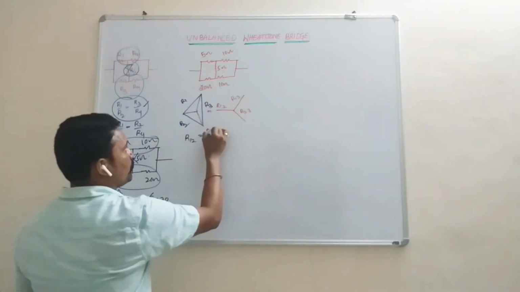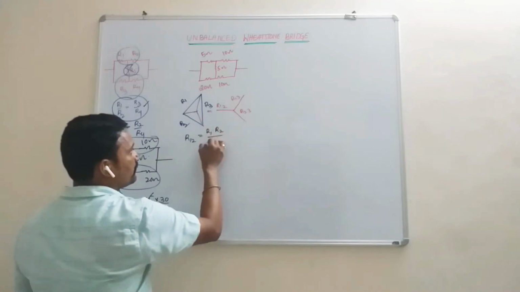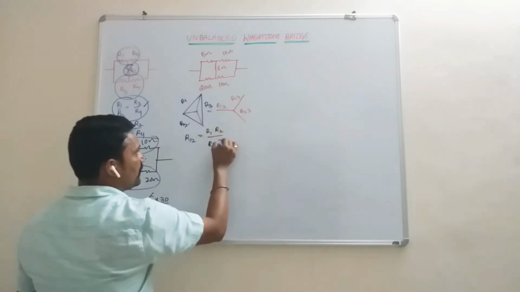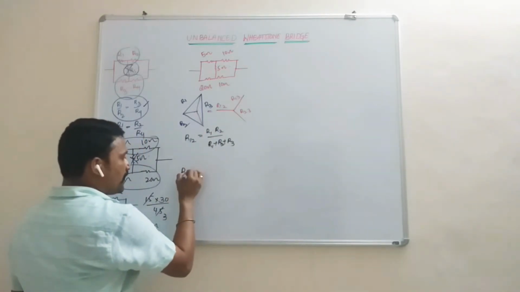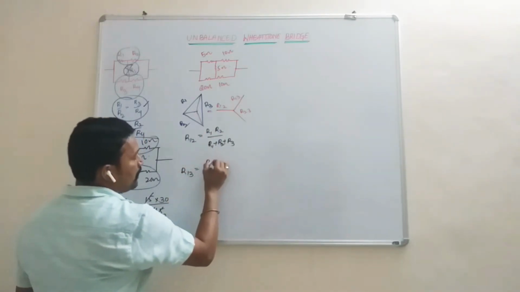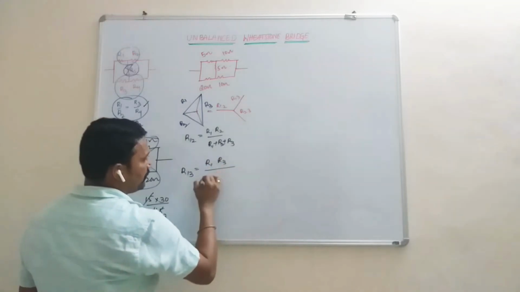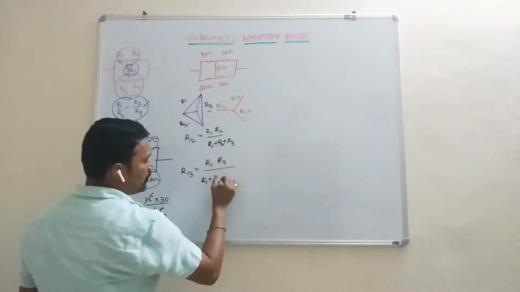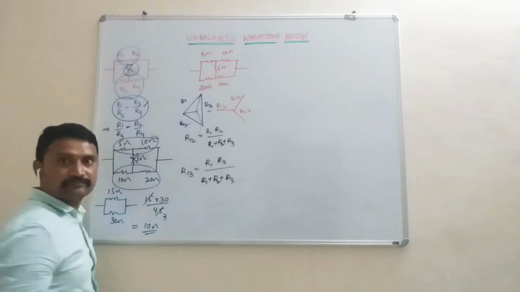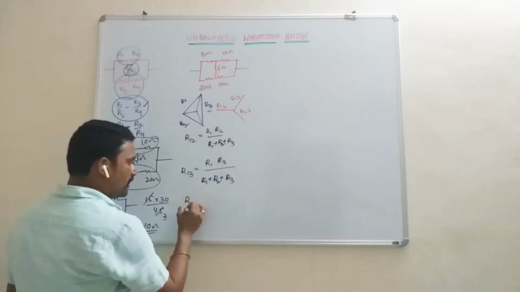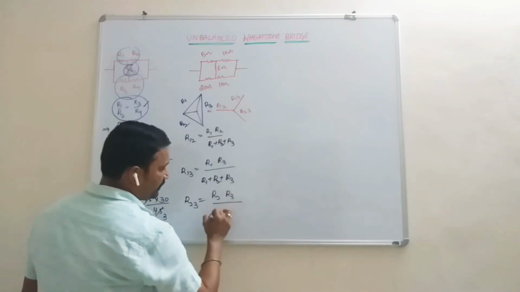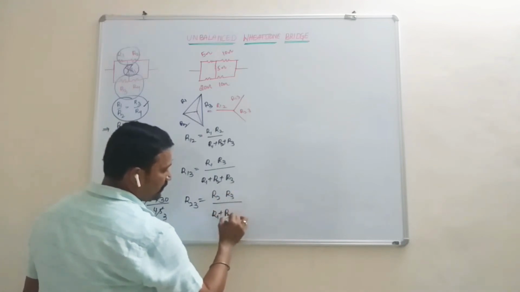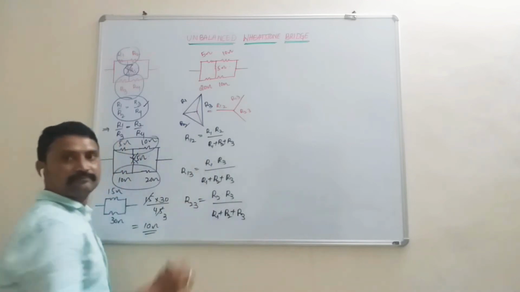So R12 equals R1 into R2 by R1 plus R2 plus R3. R13 equals R1 into R3 by R1 plus R2 plus R3, and R23 equals R2 into R3 by R1 plus R2 plus R3.